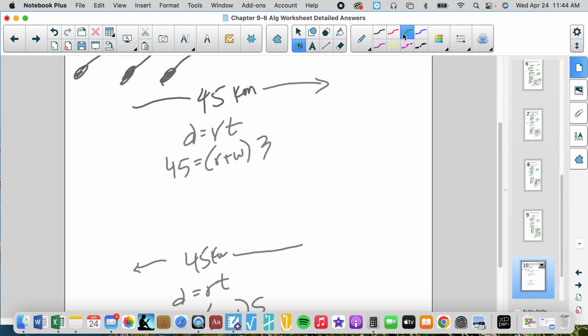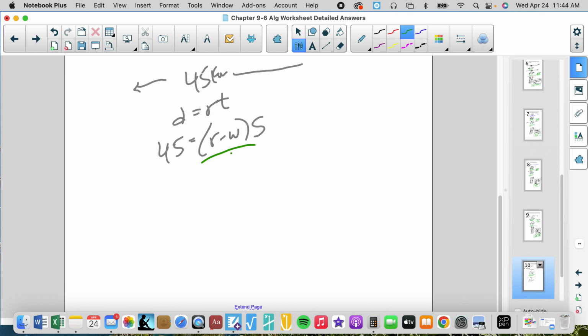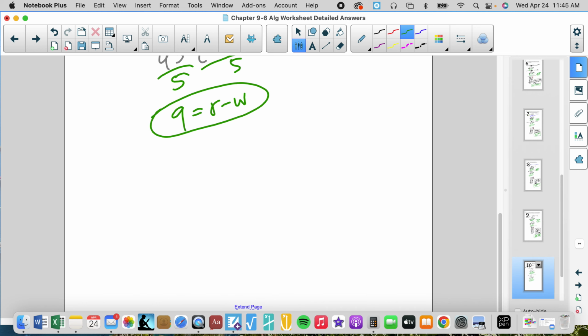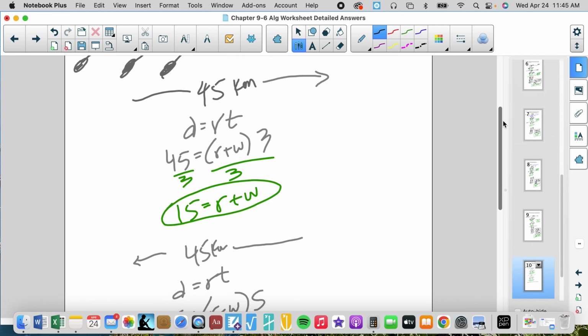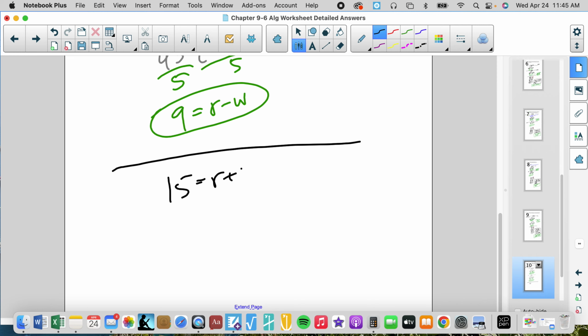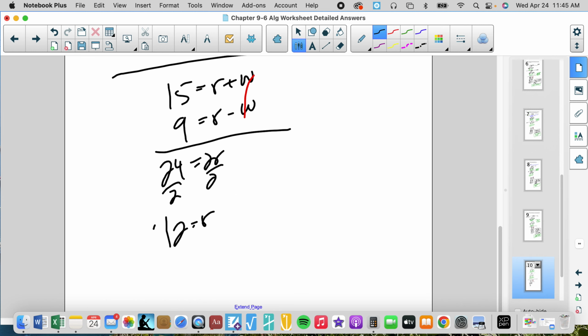We again like these because we can divide by 3. These are divisible. And that gives me 15 equals R plus W. And when we divide by 5 here, that gives me 9 equals R minus W. So 15 plus 9, W's cancel. 24 equals 2R, divide by 2. 12 equals the rate of the crew boat, the scull boat.